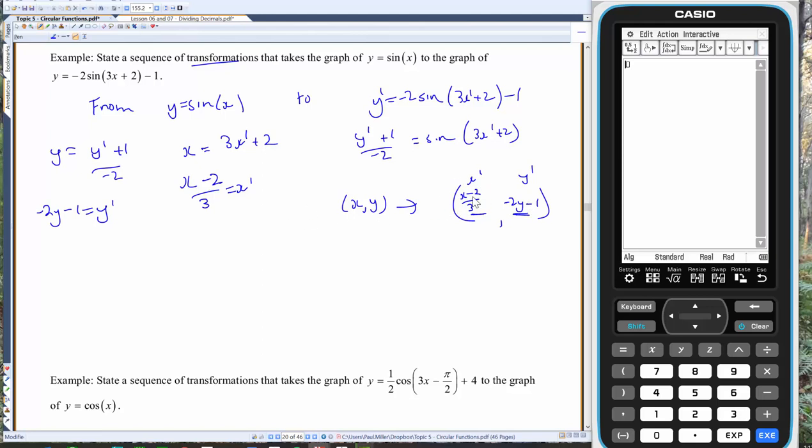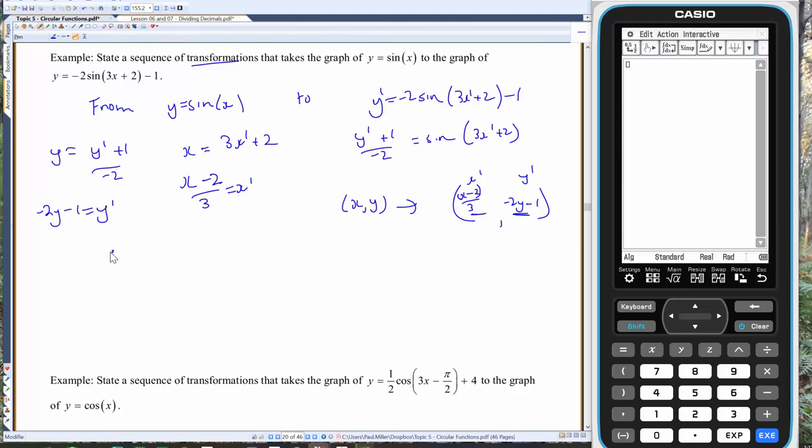Let's have a look at this. First of all, it's going to get shifted. How many units is that? That's 2 units to the left, and then the result is going to be multiplied by a third.